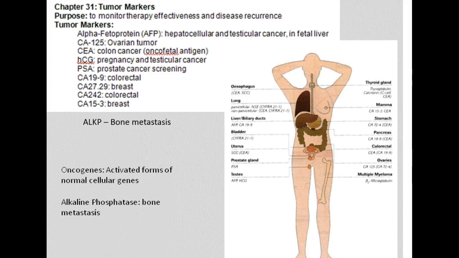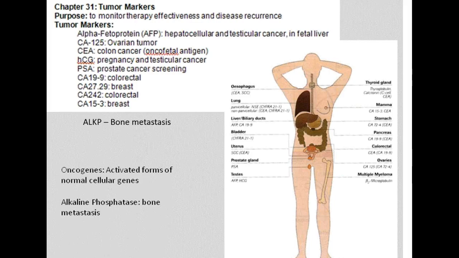Alpha-fetoprotein is for hepatocellular and testicular cancer. CA-125 is an ovarian tumor. I always think I had one baby at age 25, needed ovaries with that, right? CEA, colon cancer. Cancer eats anus, right? CEA for colon cancer. HCG is for pregnancy and testicular cancer.